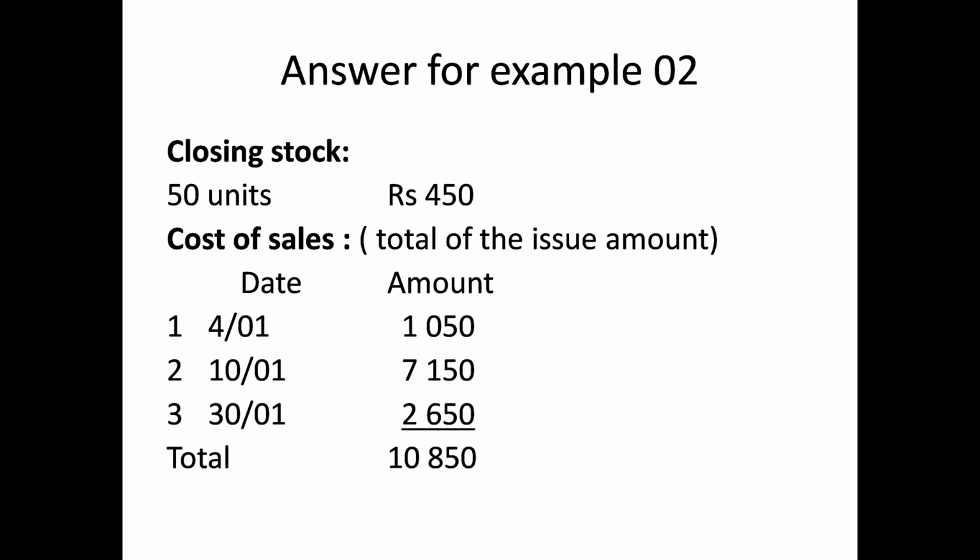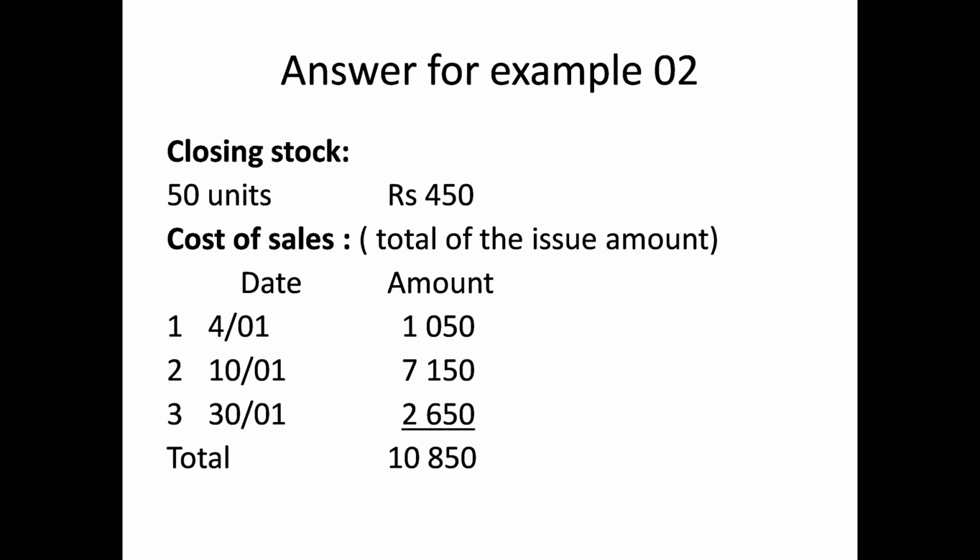In this question, you can clearly see that you have issued 3 times. Take the first issue. You have issued on 4th of January. The value of the issue is 1050 plus the second issue you have done on 10th of January.